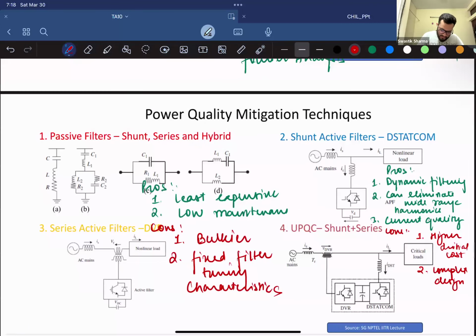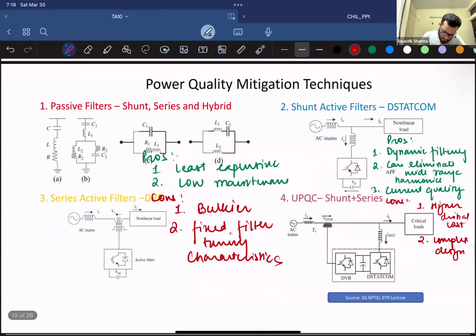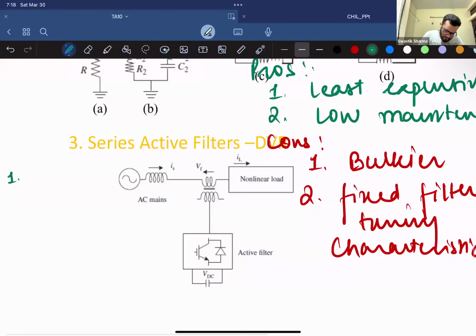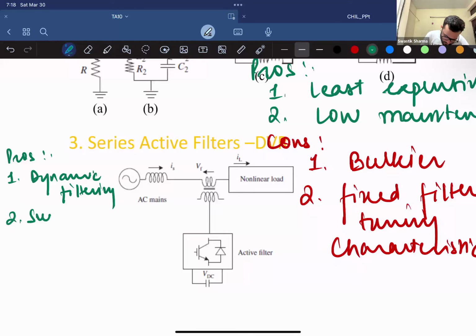Then you have series active filters. The main focus of series active filters is that they also have dynamic or adaptive filtering, suitable for voltage quality applications.